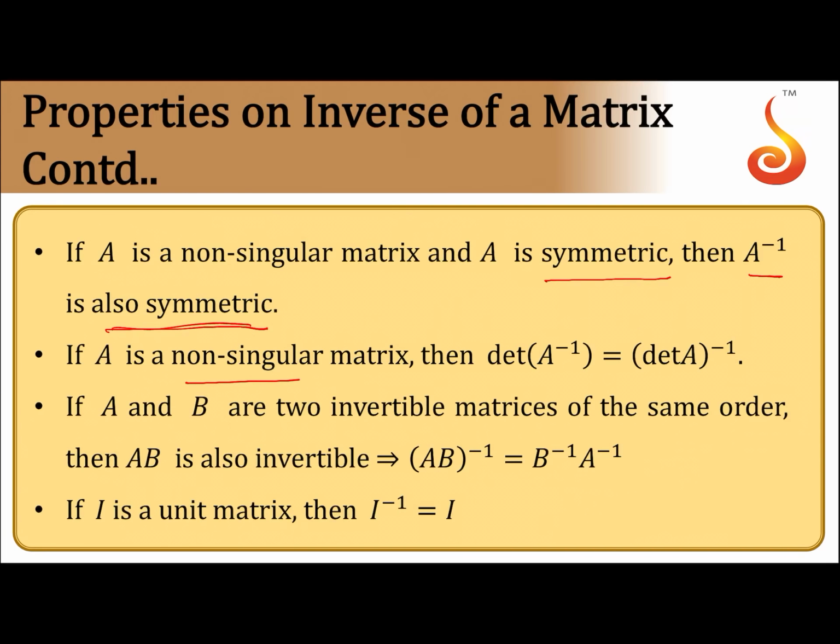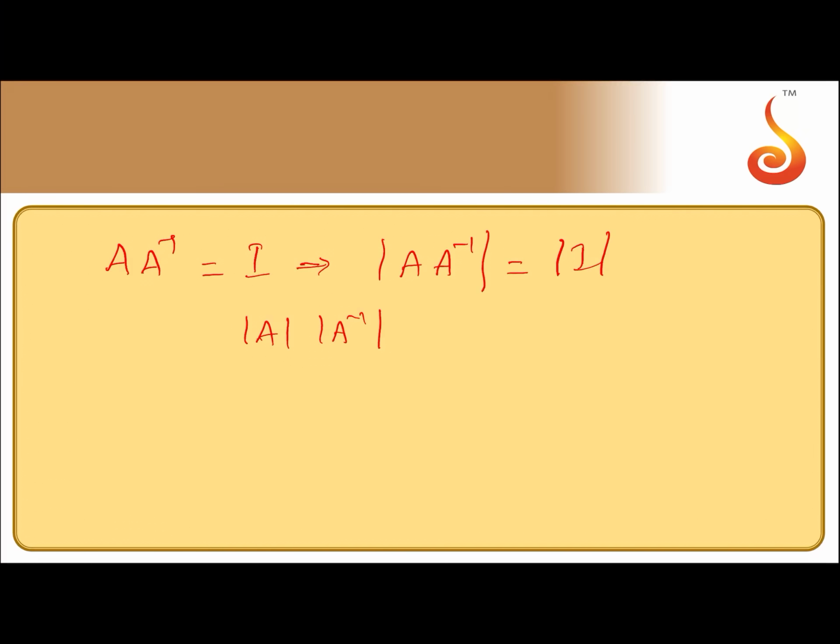And if A is non-singular, det A not equal to 0, det of A inverse is equal to the inverse of det A. Because when you take A into A inverse equal to the unit matrix, take the determinant on both sides: determinant of A into A inverse is equal to determinant of I. And that is det A multiplied by det of A inverse is equal to 1.